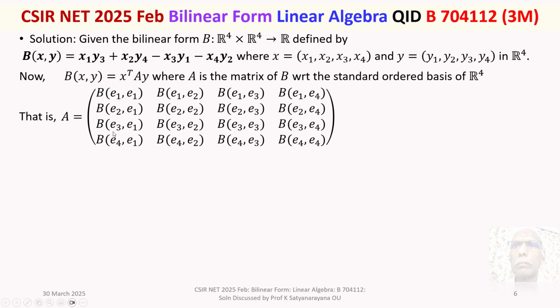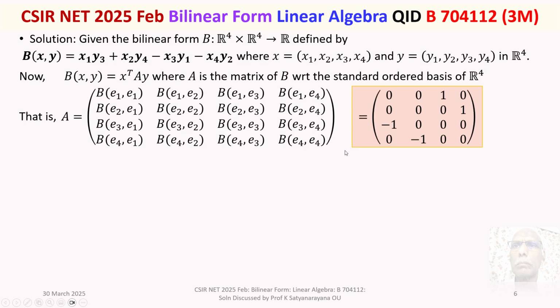So B(E3, E1) is minus 1. And minus x4 y2, that means for x4 y2 the coefficient is minus 1, so B(E4, E2) is minus 1. So write down the matrix A. Yes, that's what we were talking about.